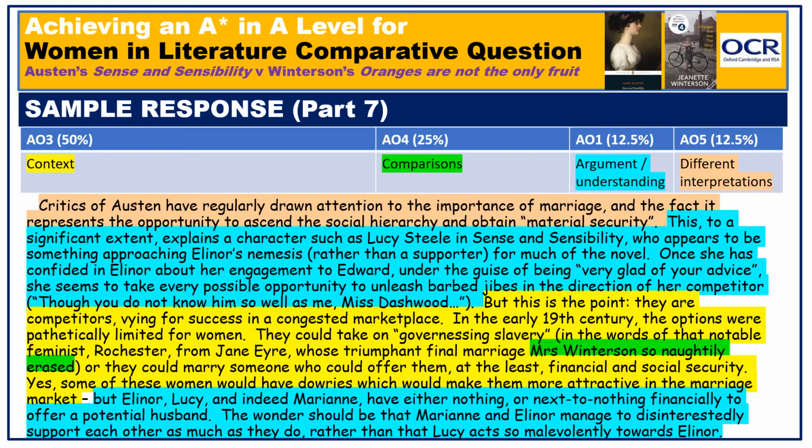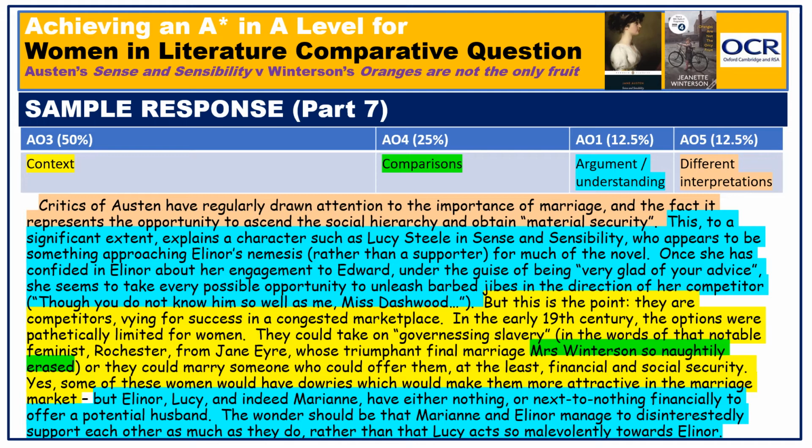Once she has confided in Eleanor about her engagement to Edward, under the guise of being "very glad of your advice," she seems to take every possible opportunity to unleash barbed jibes in the direction of her competitor, though "you do not know him so well as me, Miss Dashwood." But this is the point. They are competitors, vying for success in a congested marketplace.